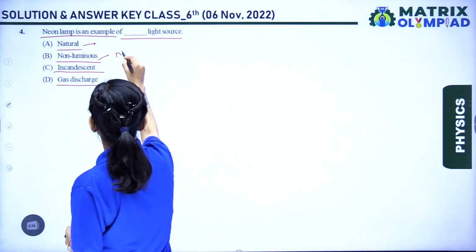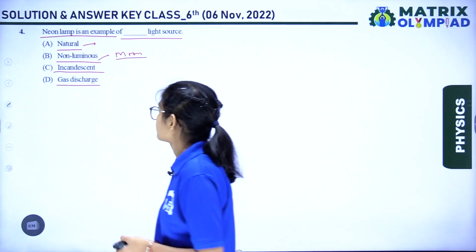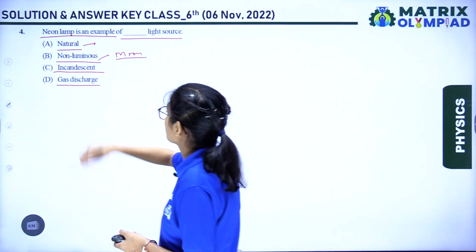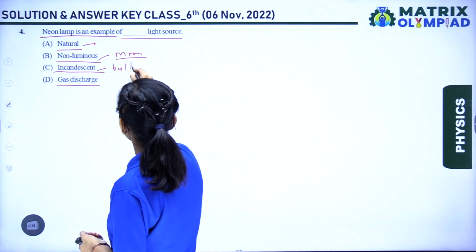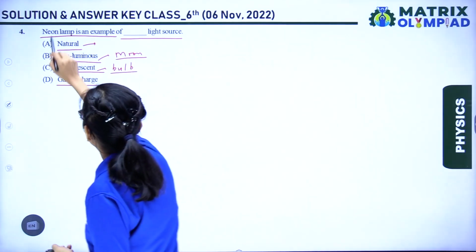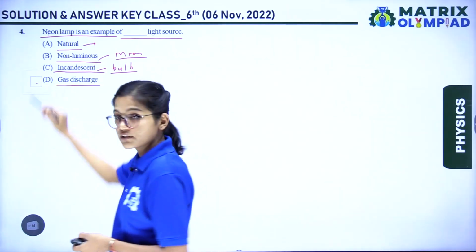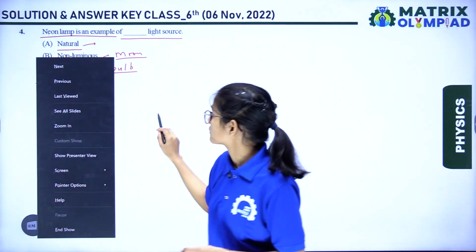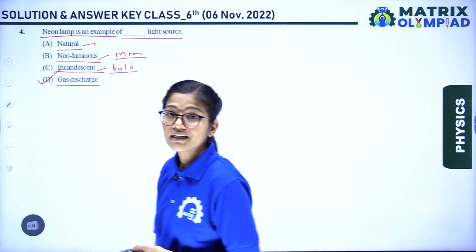Non-luminous, like the moon, just reflects the light that falls on its surface. Incandescent, like an electric bulb, is an example of that. And for gas discharge, a neon lamp has neon gas that sparks its light. So for the fourth question, our answer will be option D.